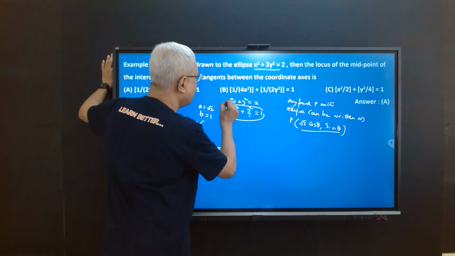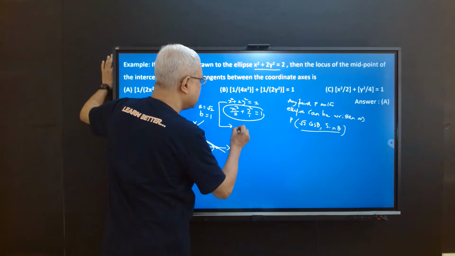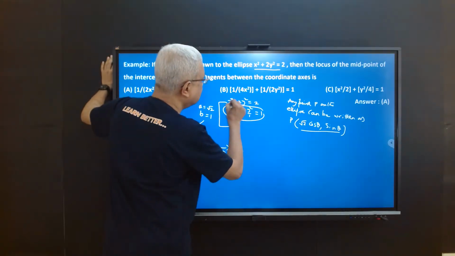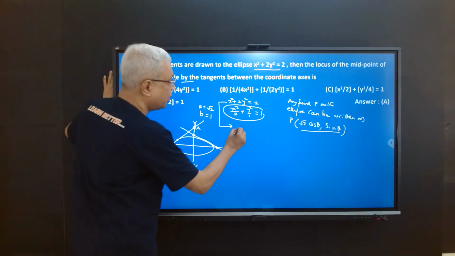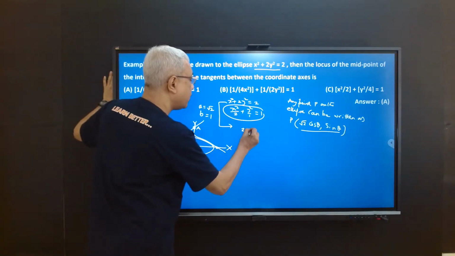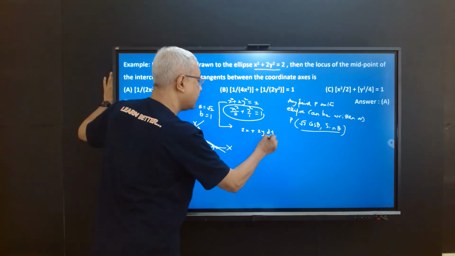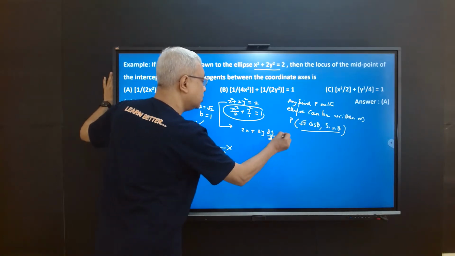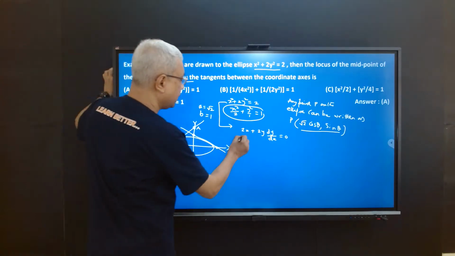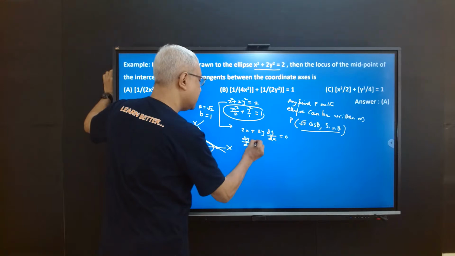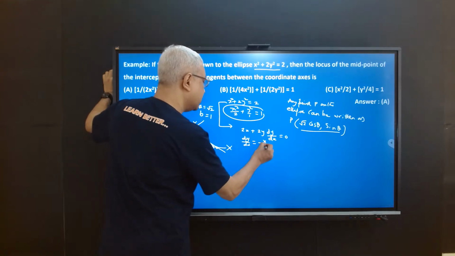So for that, what we do? Let us from this equation calculate dy by dx. Just differentiate with respect to x. So it is 2x plus 2y dy by dx is equal to 0. So dy by dx is minus x by y.